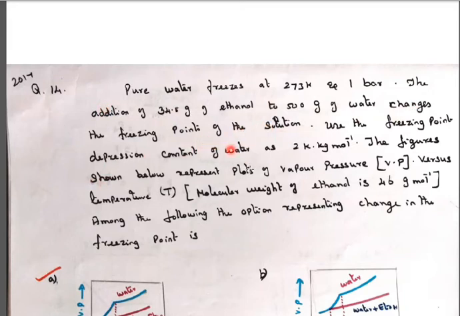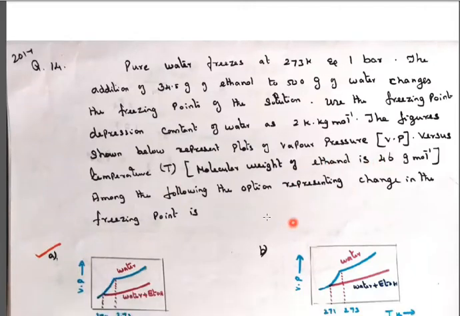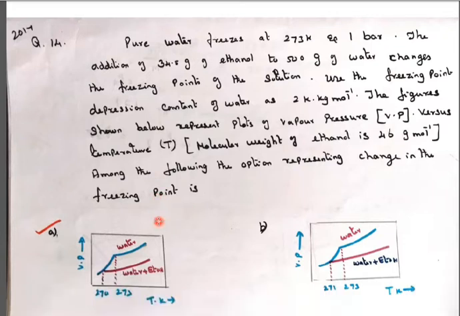Use the freezing point depression constant of water as 2 Kelvin kg per mole. The figures shown below represent plots of vapor pressure versus temperature. The molecular weight of ethanol is 46 gram per mole. Among the following, find the option representing the change in the freezing point.